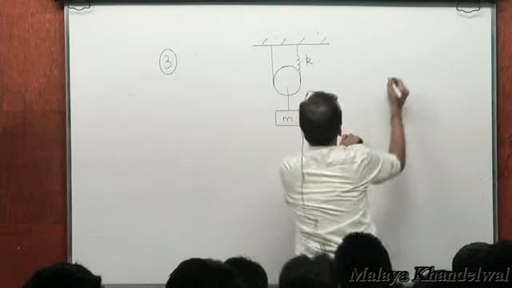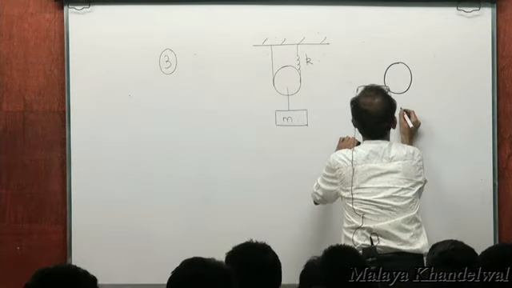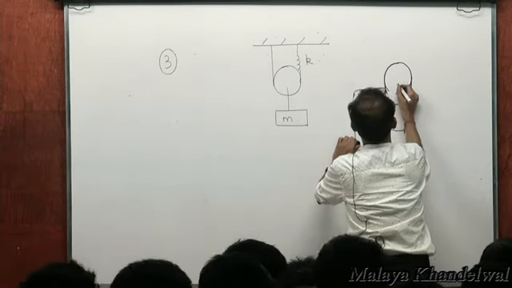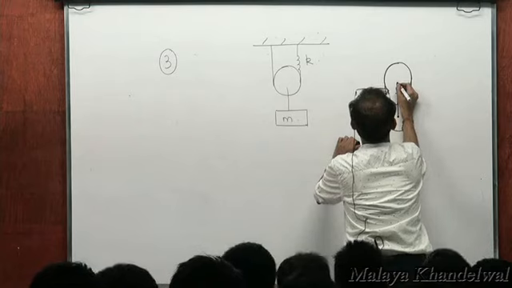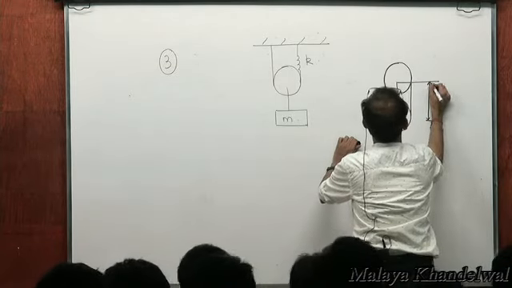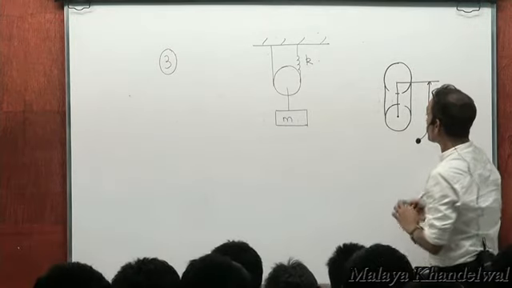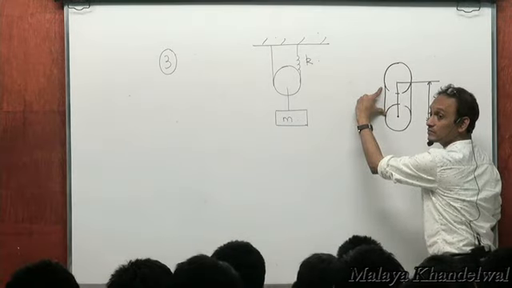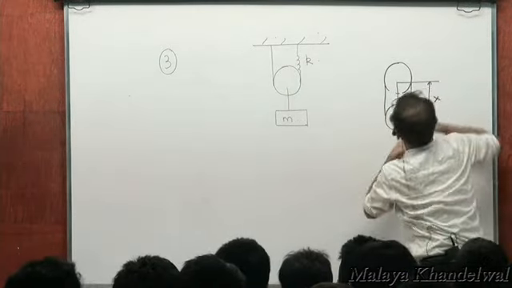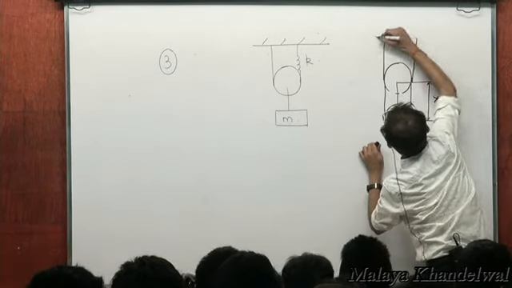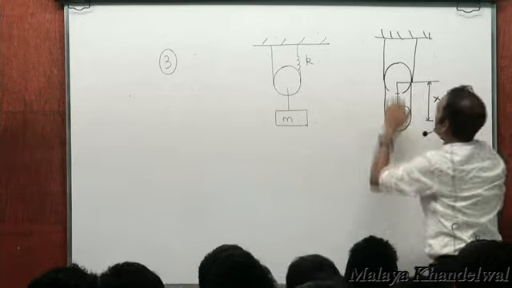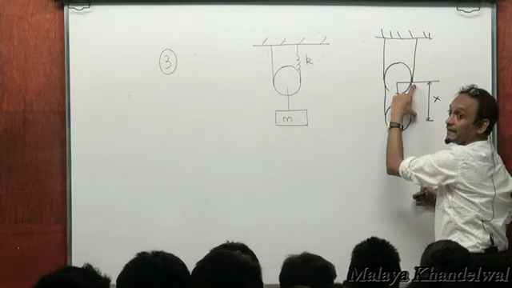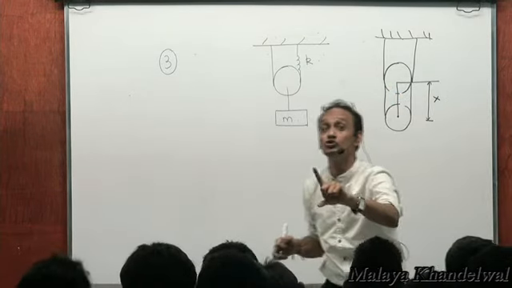Look, if the pulley descends by a certain amount, say the pulley has descended by an amount x, then do you realize that the spring length on either side has increased by an amount x? See, this is the spring. If the pulley descends by an amount x, then the spring length on this side has increased by an amount x, on this side it has increased by an amount x. That means spring has increased by an amount 2x.